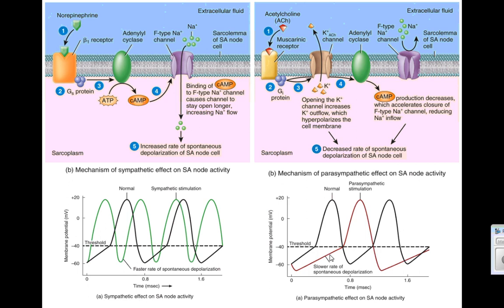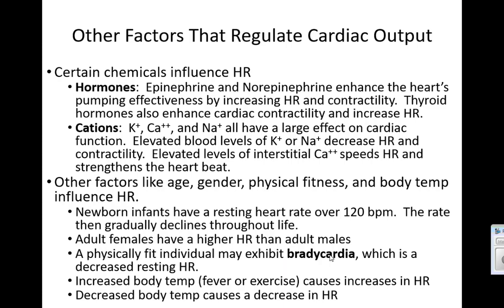Potassium flows out. That causes hyperpolarization. We block off the sodium channels, which means that it's less likely that we hit threshold. Therefore, heart rate is lowered because the pacemaker potentials are generated less often. Cool stuff. Not really stuff I'm going to get into too much, but it's there.